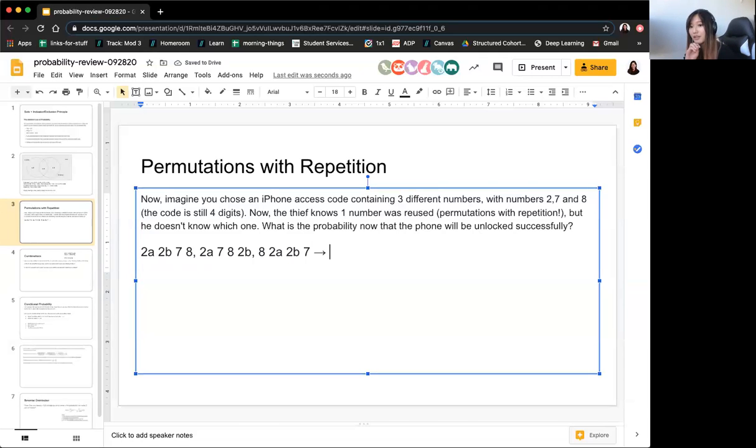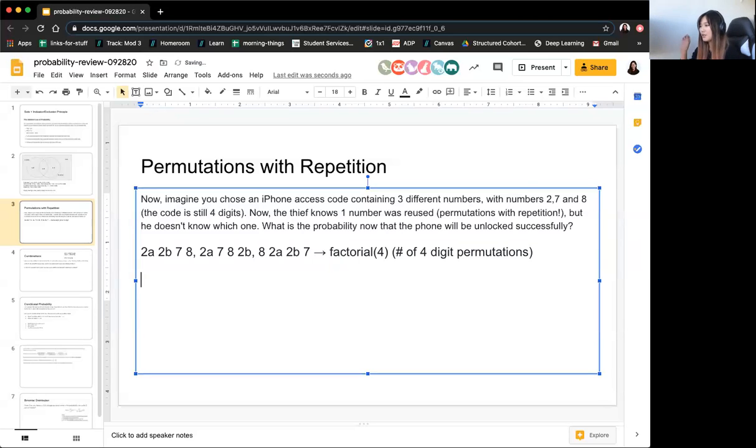Given that we assume the 2s are distinguishable, how many ways can we arrange this? When we're just arranging these objects, the number of combinations is just factorial 4, because we're arranging 4 distinguishable digits and seeing how many ways they can be arranged. More specifically, it is the number of 4-digit permutations.